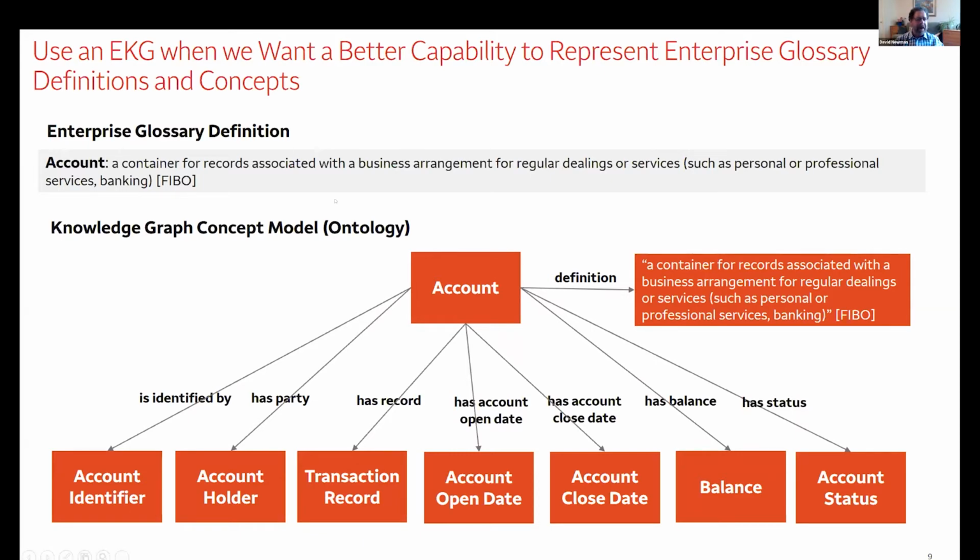Think of it as moving from a single dimension to a multidimensional view of information, where we could see the account has relationships to other first-class objects that better describe the account. And so looking at these clusters of objects, you have a much better understanding of account than simply looking at a definition.